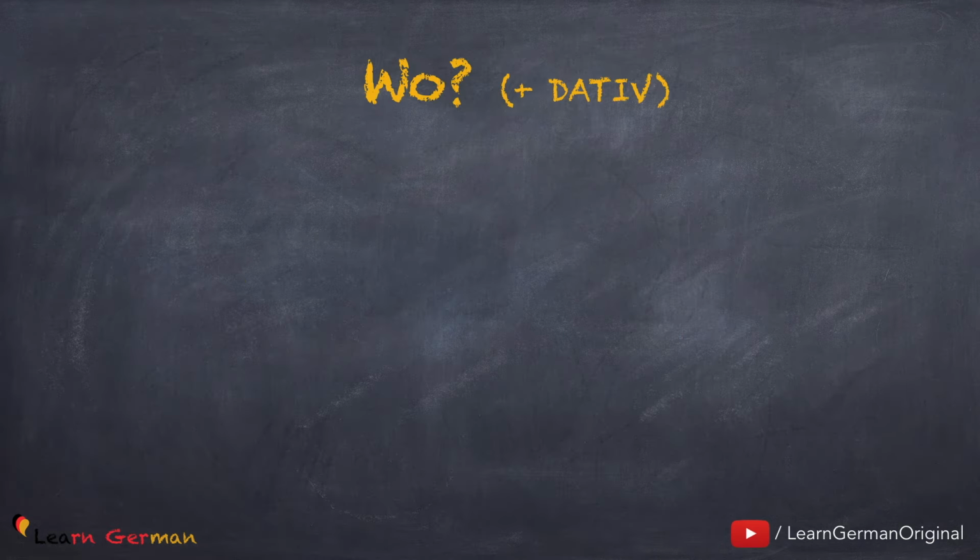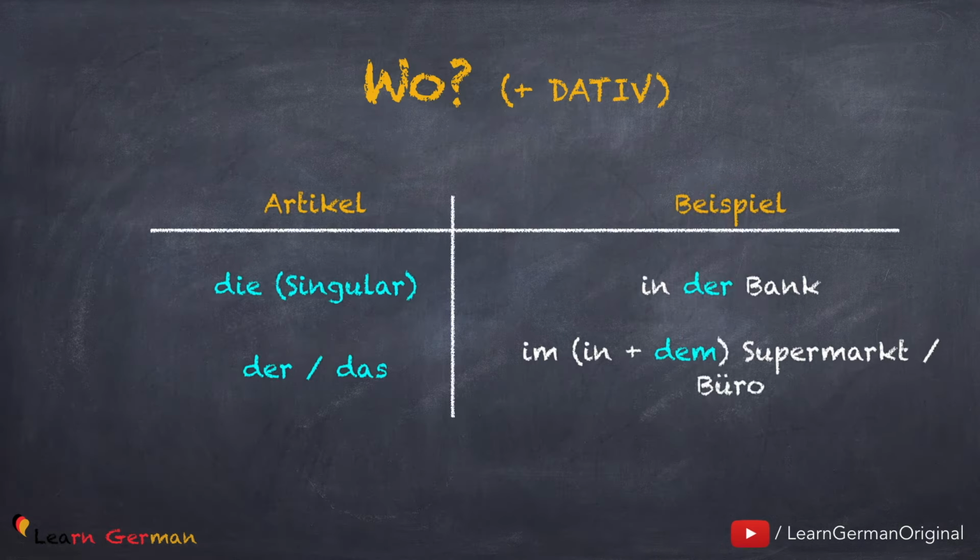Since the preposition in takes the dative article, let's see what happens when the article is die in singular or when the article is der or das. You would say in der Bank when the article is die. And for der and das, you would say im Supermarkt or im Büro.